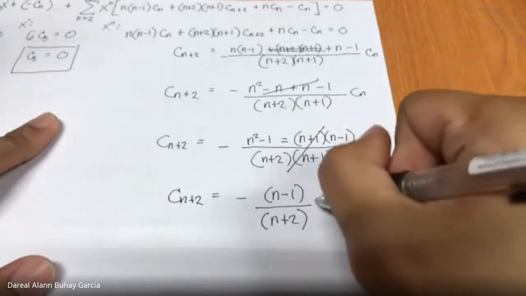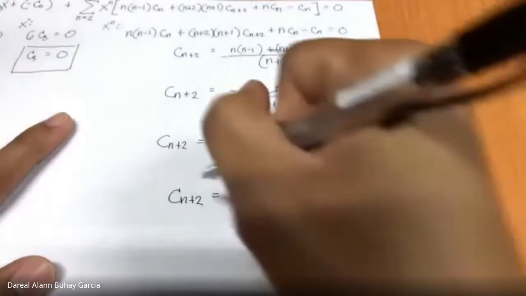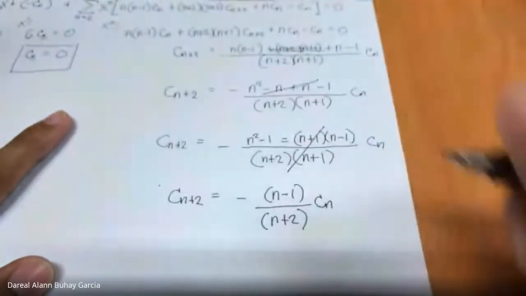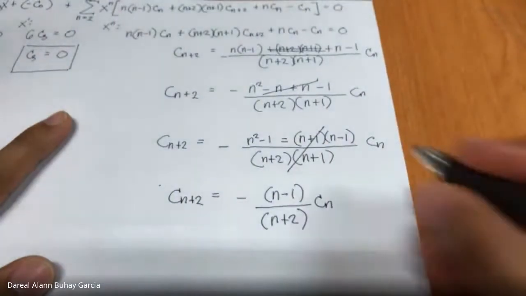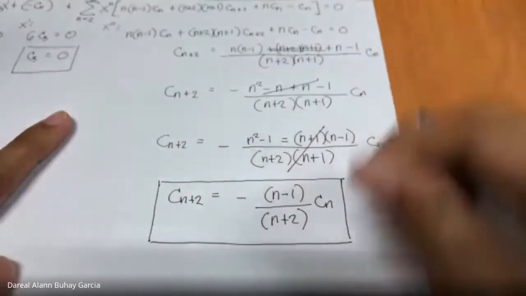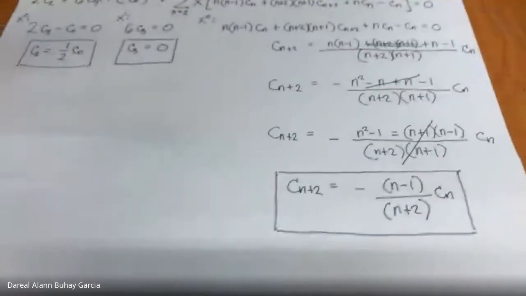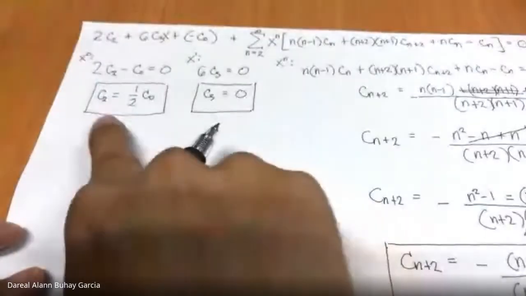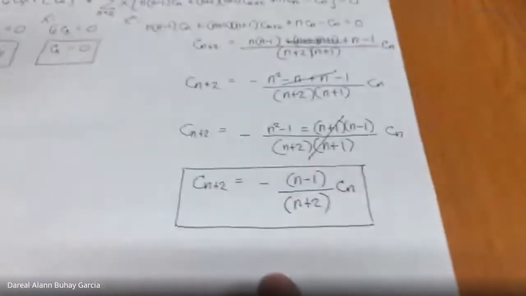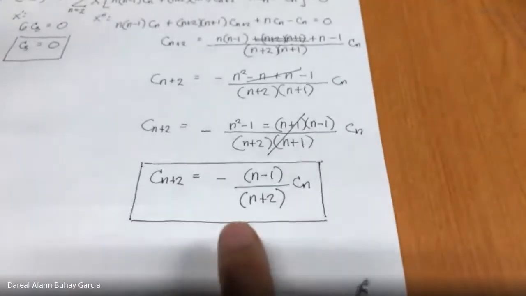C sub N. Okay, so we have an expression for everything else. Okay. Okay, so we're halfway there. We have an expression for C2, for C3, and everything else. Okay.